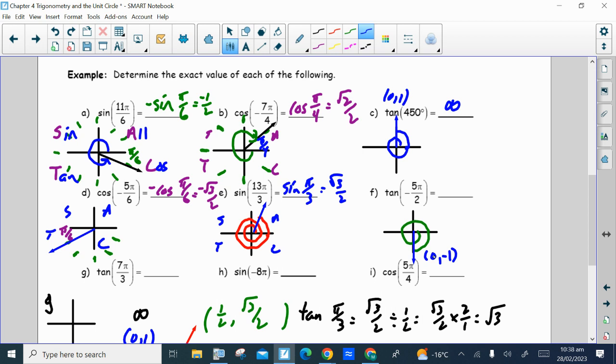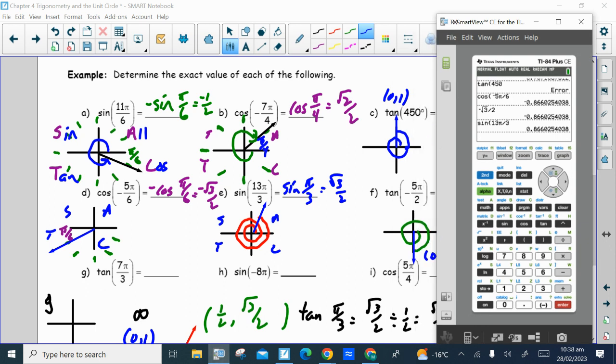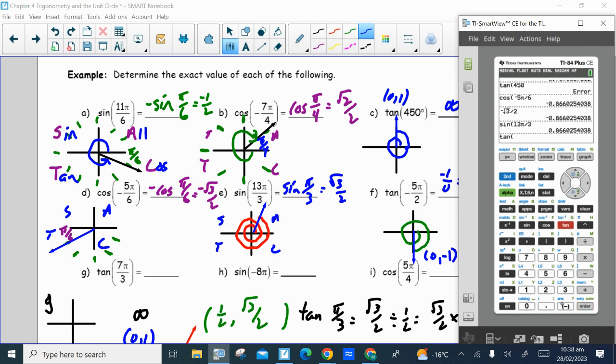And we also know that the tangent there can be found by going sine divided by cos, which is what we need here. We want -1 over 0, and whenever you try and divide by 0, that doesn't exist. It's undefined. So if we take the tangent of -5 pi on 2, we should get an error. And we do, because it's -1 over 0, undefined.